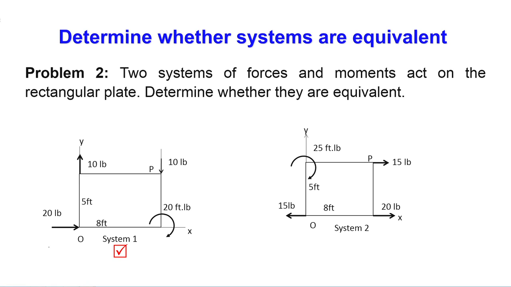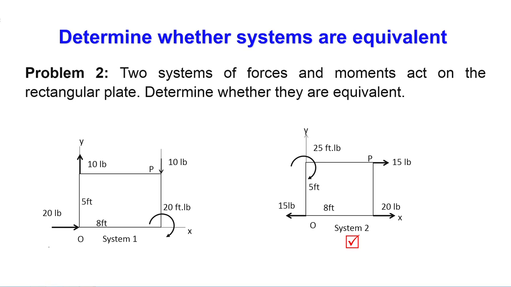Only the 10 pound on the upper right side has a moment arm of 8 feet. So, 8 feet times 10 pounds equals 80 foot-pound. This is in the clockwise direction, and the 20 foot-pound is already there. So, these 80 and 20 will be 100 foot-pound in the negative direction.